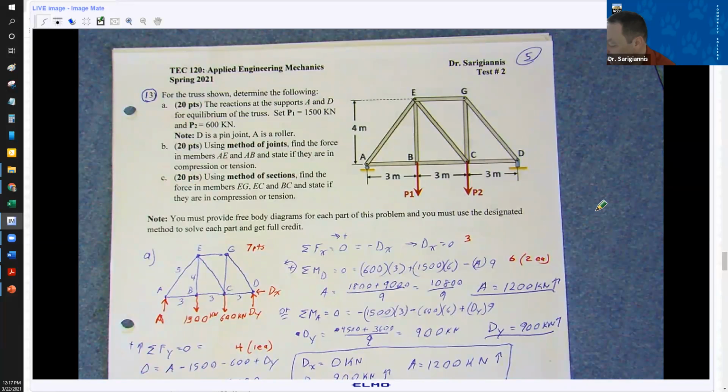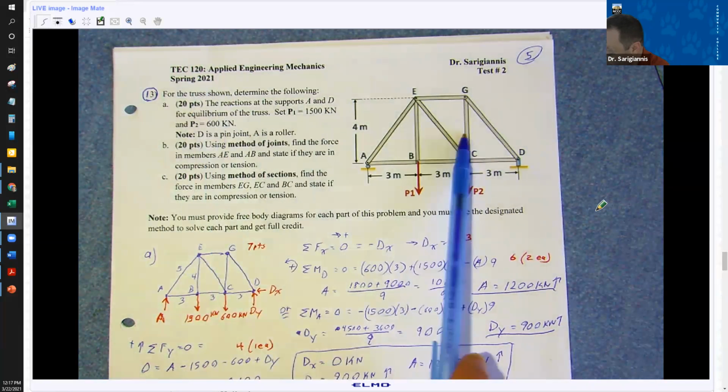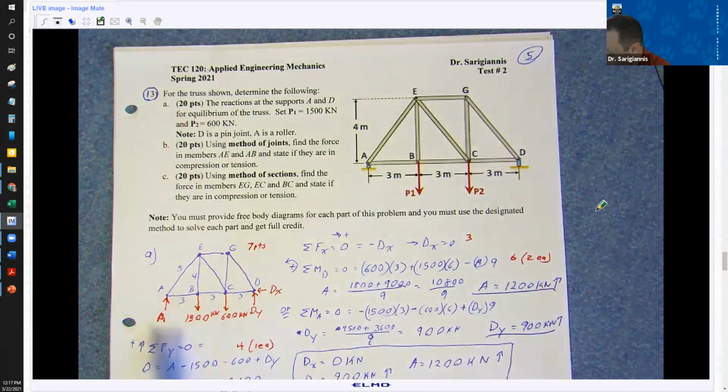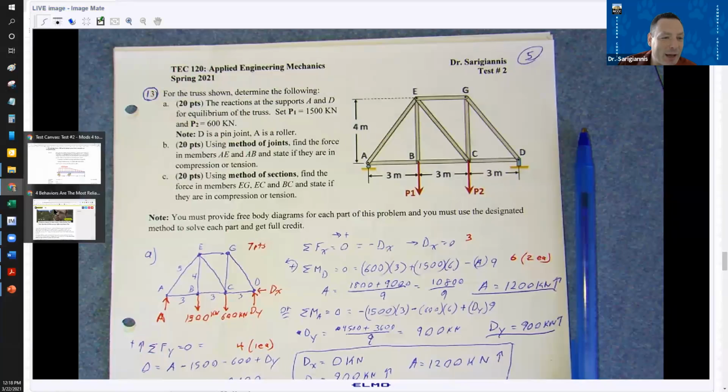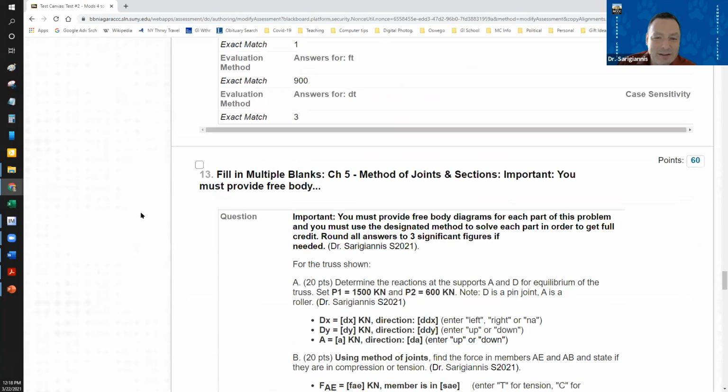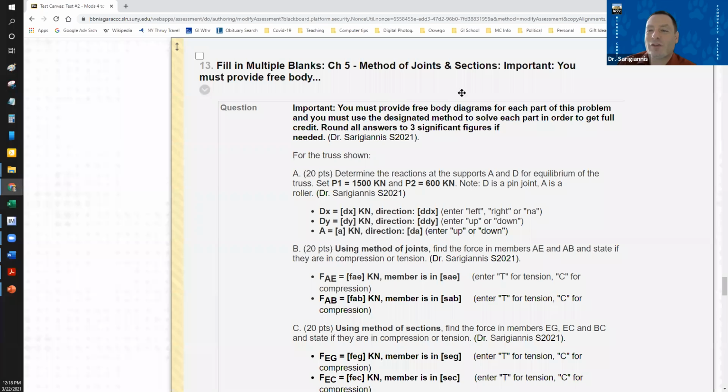Part A is just getting the free body diagram of the truss, right? Let's go back to the test here and see how I actually phrased it. It says, you must provide free body diagrams for each part of this problem, and you must use a designated method to solve each part in order to get full credit.